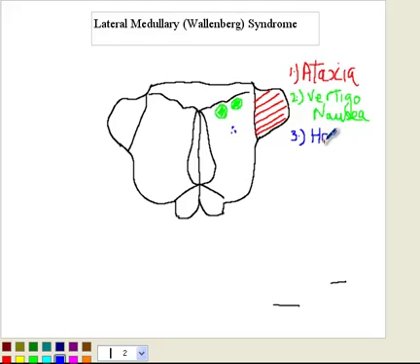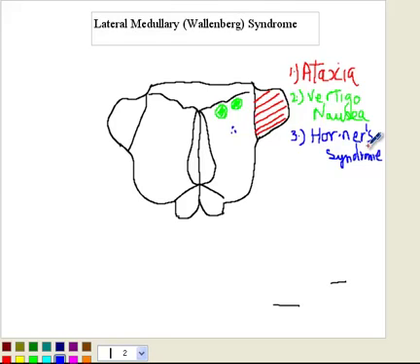On the same side, you have sympathetic dysfunction leading to Horner's syndrome. With Horner syndrome, the patient gets miosis, which is a smaller size of the pupil on the affected side, and you have ptosis.